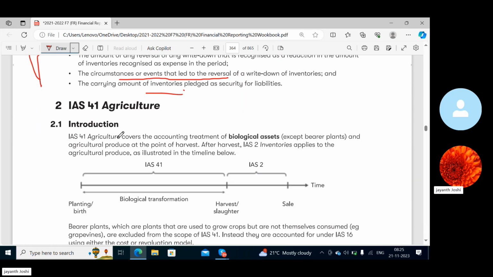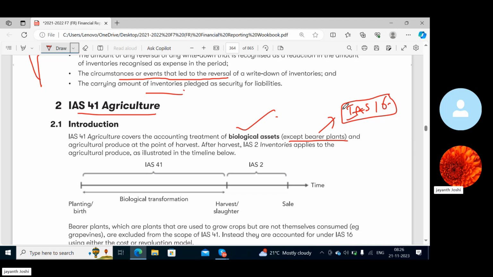Then comes the next standard, that is IAS 41 Agriculture. What comes under agriculture deals with the treatment of biological assets except the bearer plants, because bearer plants go under IAS 16, property, plant and equipment, like rubber trees and palm oil.